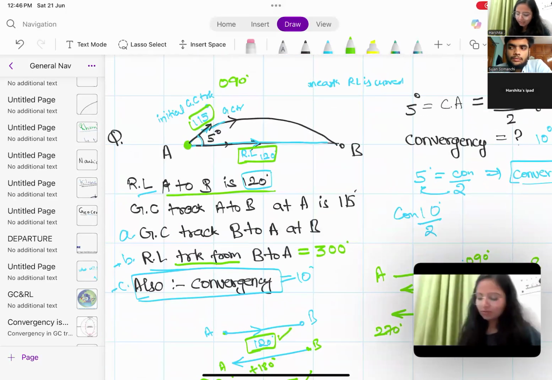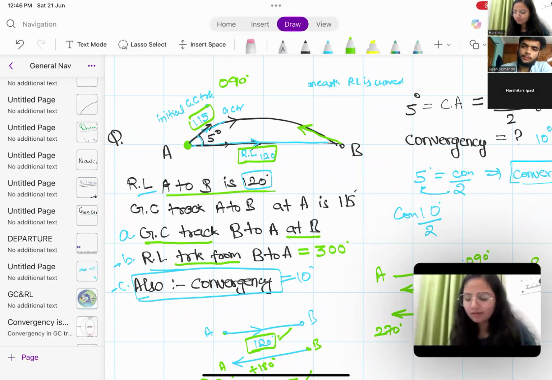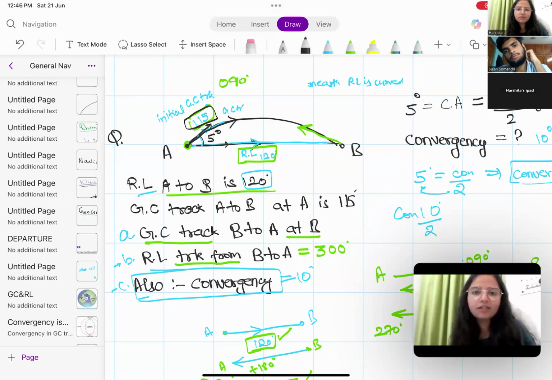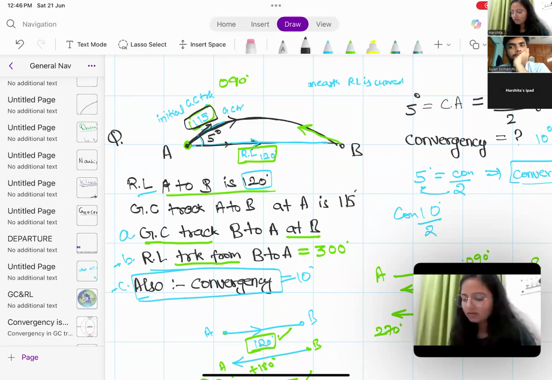Let's move to part A. You have to tell the great circle track from B towards A, measured from B, right? From A, when you're going towards B, the initial great circle angle is already given, which is 115.